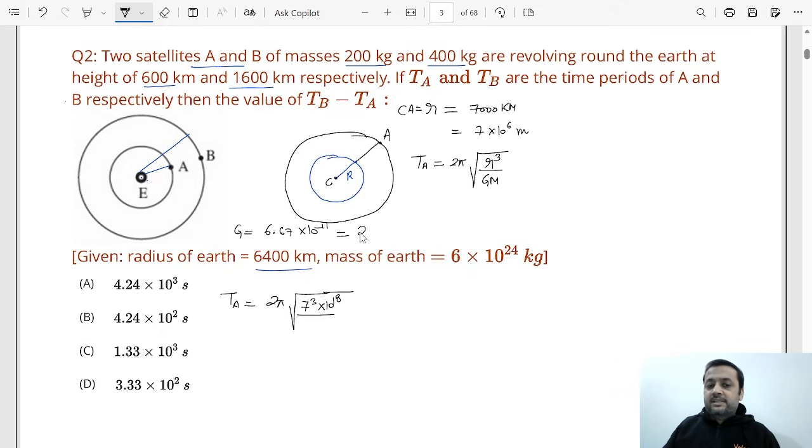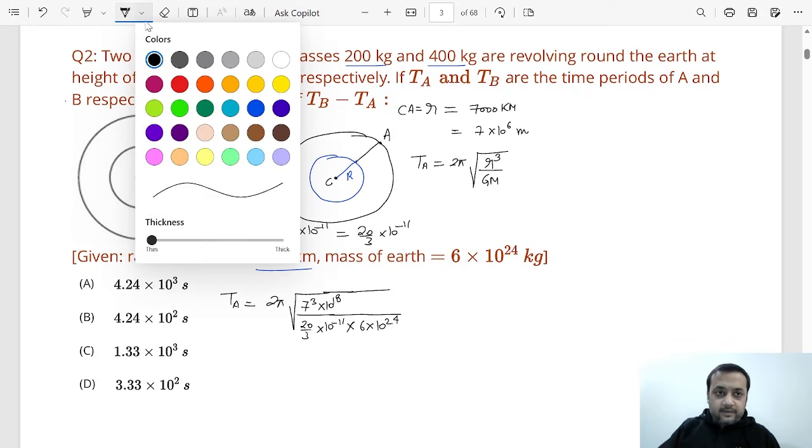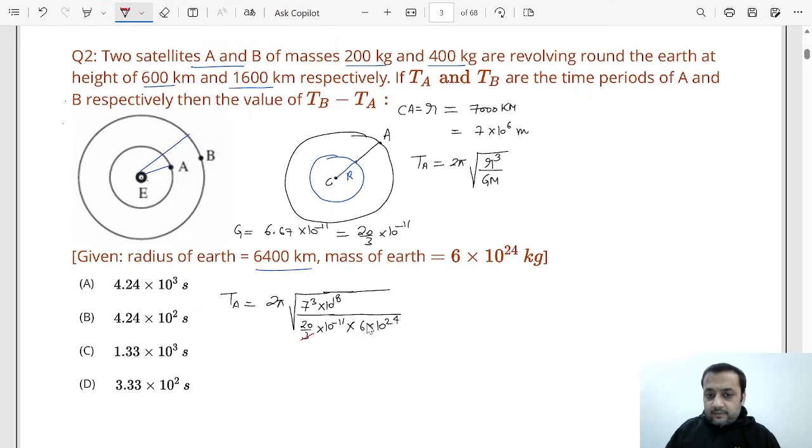Now 6.67 you can write as 20 by 3, into 10 to the power minus 11. So G can be written as 20 by 3 into 10 to the power minus 11, into the mass of the Earth, M, which is 6 into 10 to the power 24. So this will be the time period of A. Now if you do the calculations, this 3 will make it 2, and this 2 and this 2 will cancel, so pi will remain outside.